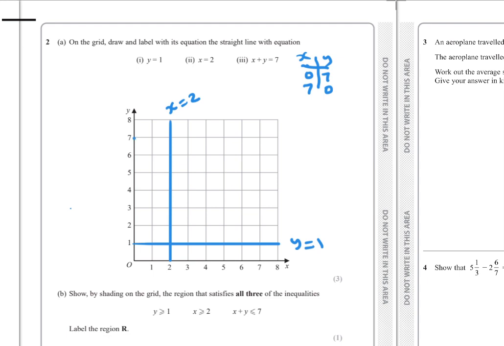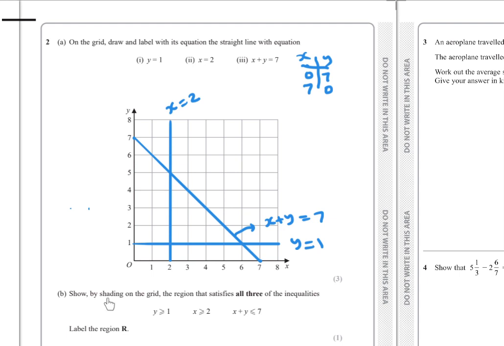So join these 2 points. So this is the line x plus y equals 7.